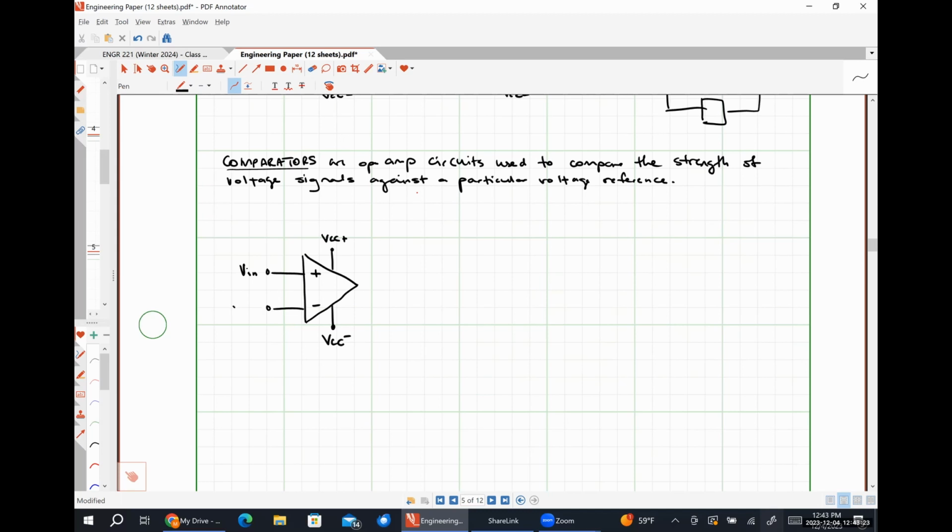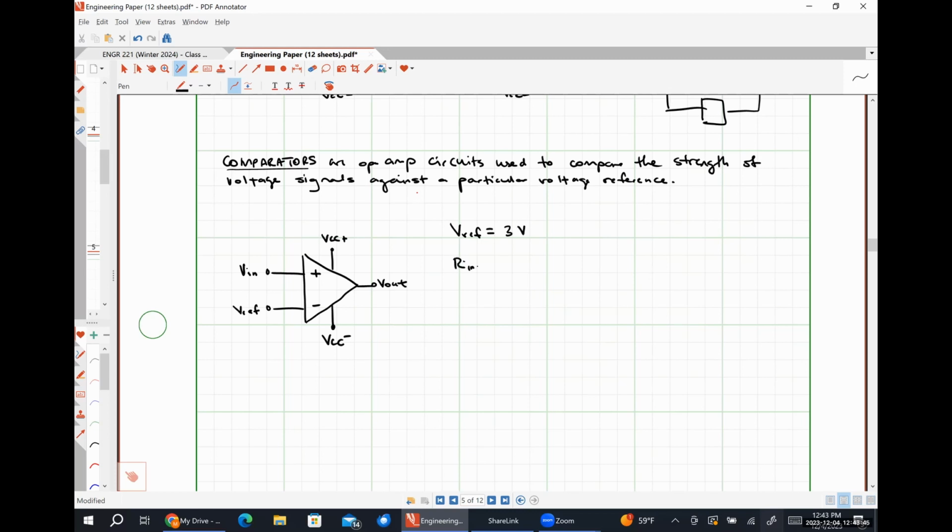And I'm going to apply my reference voltage to the inverting input terminal. And I'm going to measure my output. Just for the sake of argument, let's say that our reference voltage Vref is 3 volts.